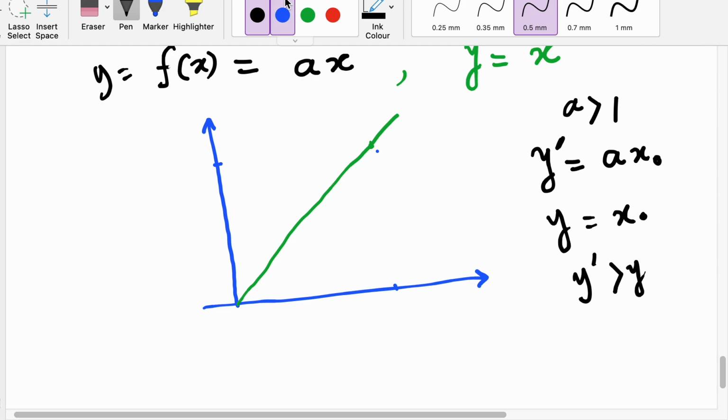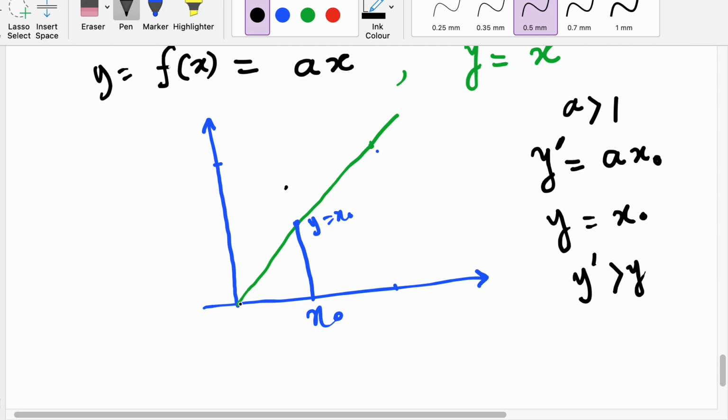Suppose this is x0, then this will be y equal to x0, and for y prime the curve will be somewhere higher.